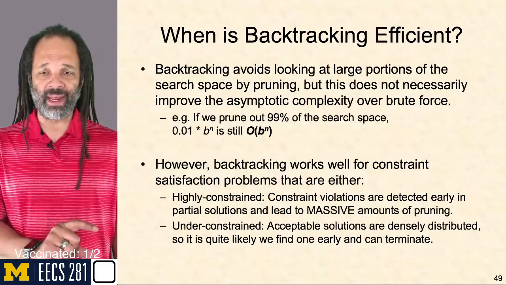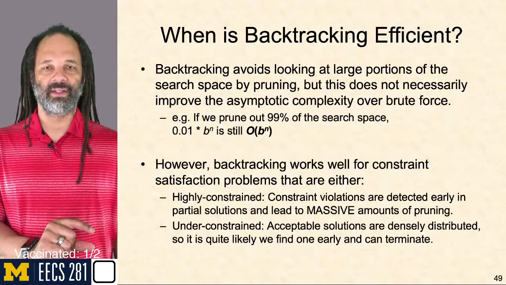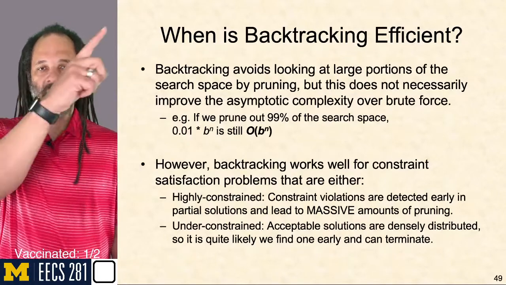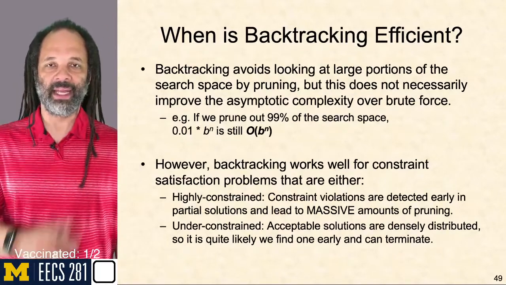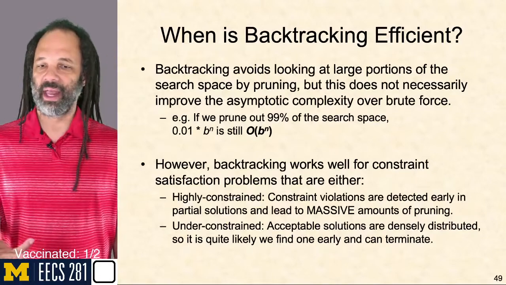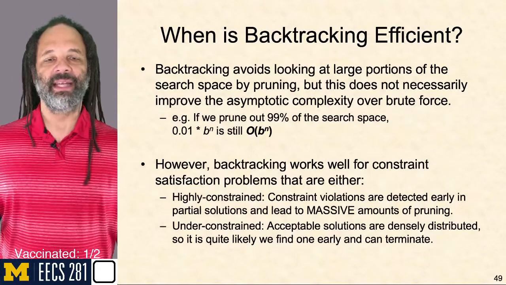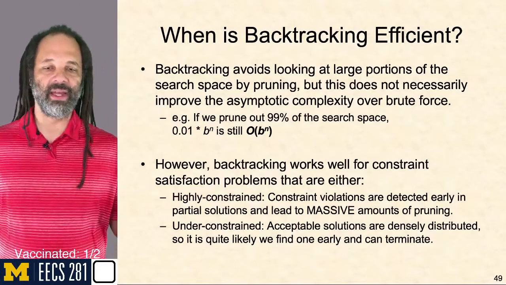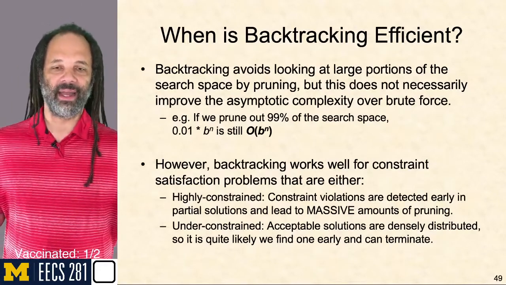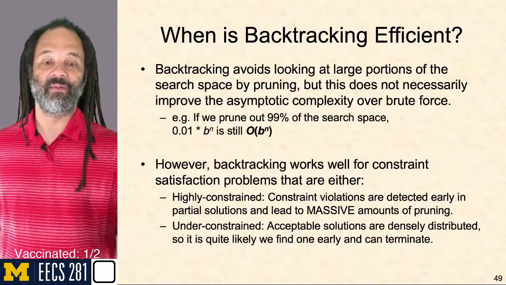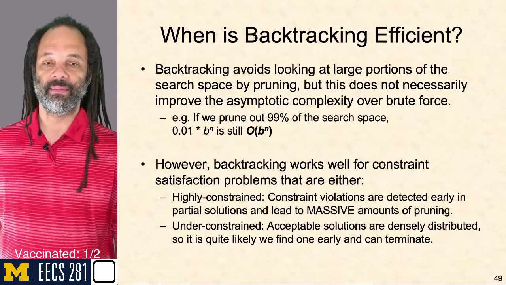When there's not too many constraints, it's also pretty straightforward, as I just run through there without hitting any problems, and I get to the bottom of my search tree, and it works out. So my acceptable solutions end up densely distributed, so it's quite likely that I can find one easily and terminate. So backtracking is fairly efficient quite often.